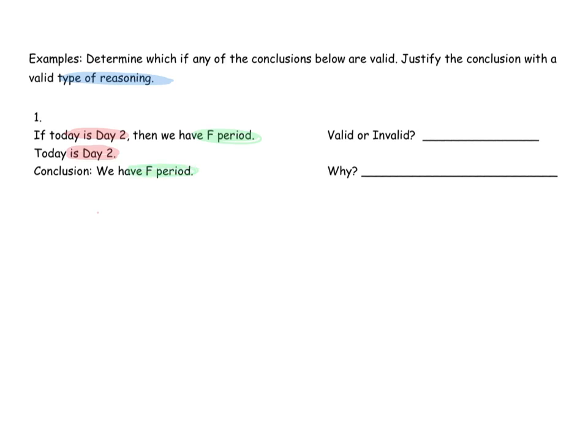So let's code this. I'm always going to code it with the P and the Q. P, today is day 2. I see two P's. And Q, we have F period. So it looks like the format that this argument uses is P implies Q, or if P then Q. We're also given that P is true.